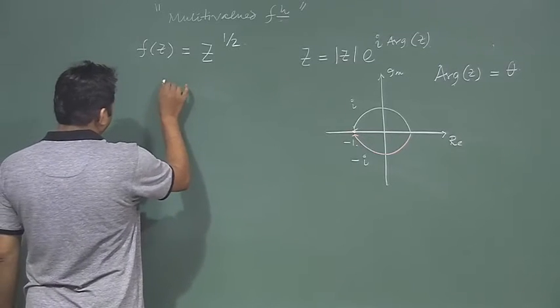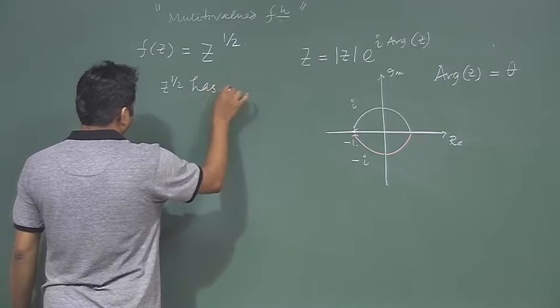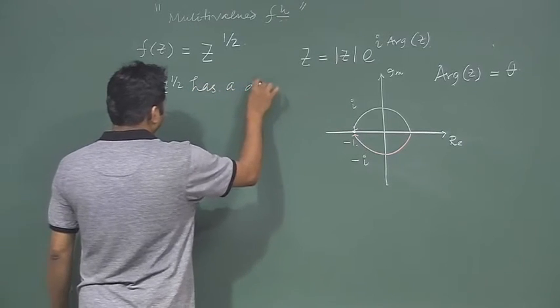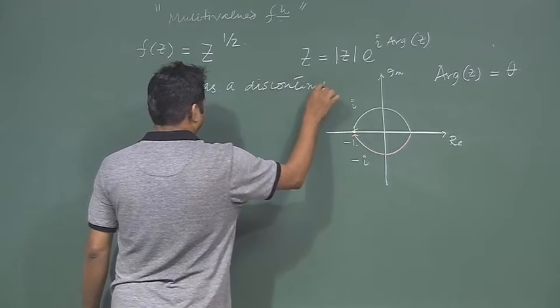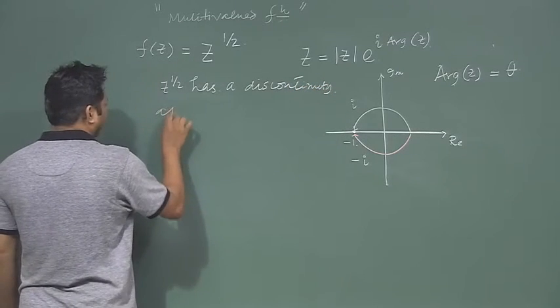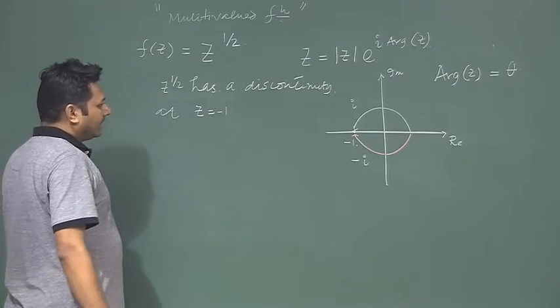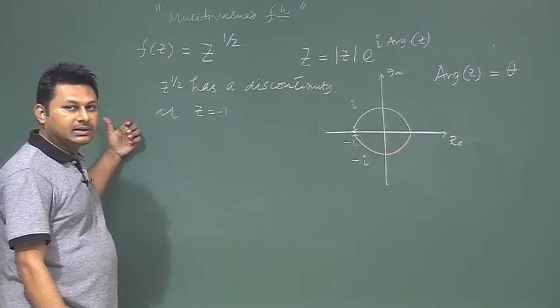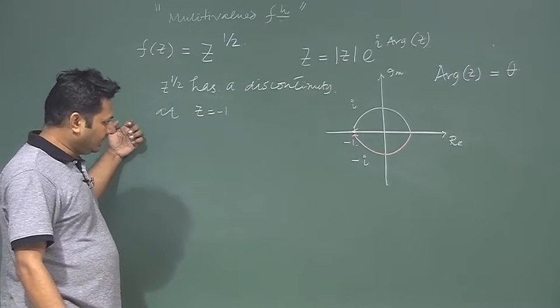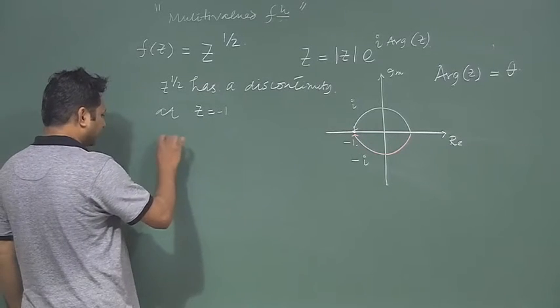So, that means the function z to the power half has a discontinuity at z equal to minus 1. Now, from here one important thing emerges in complex analysis, which is called the branch.